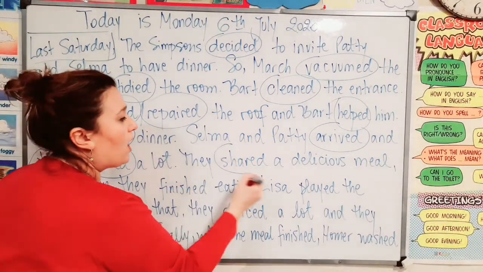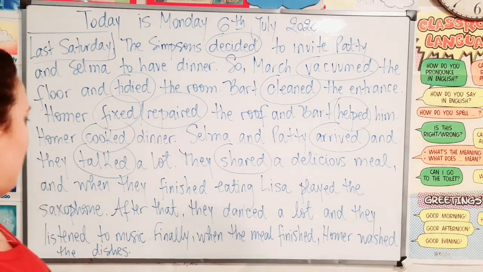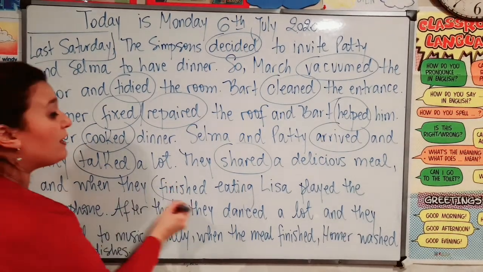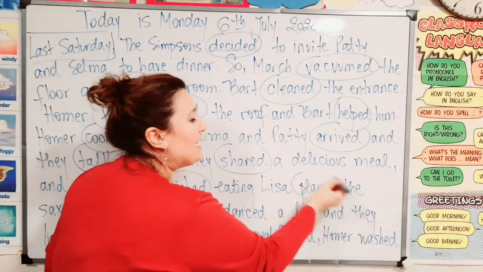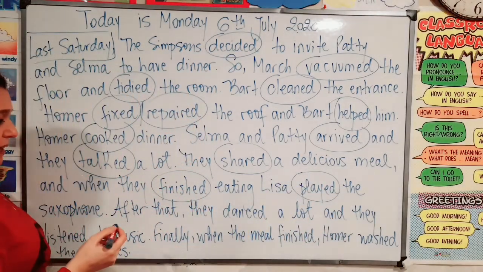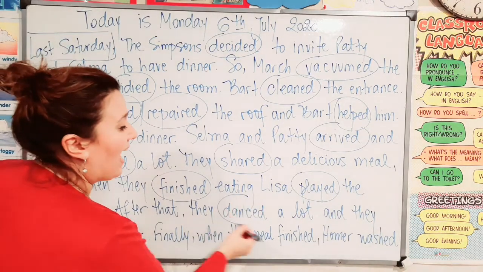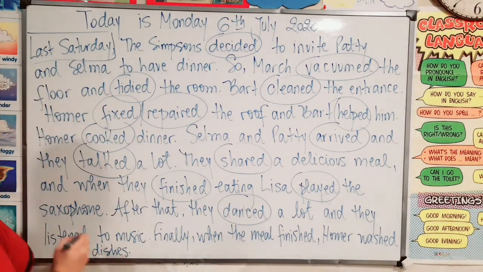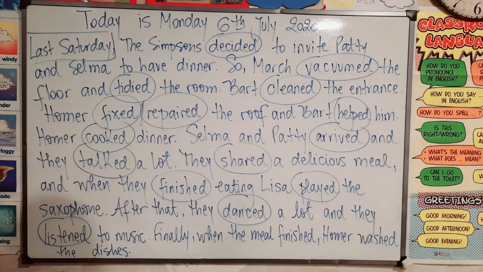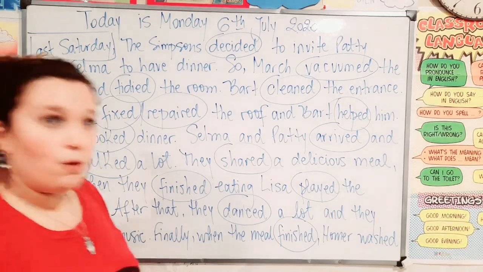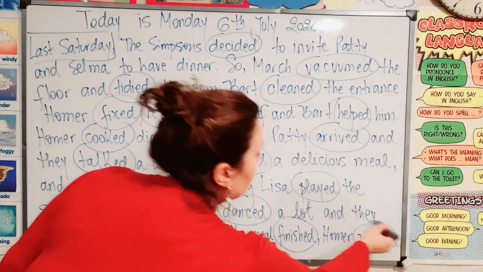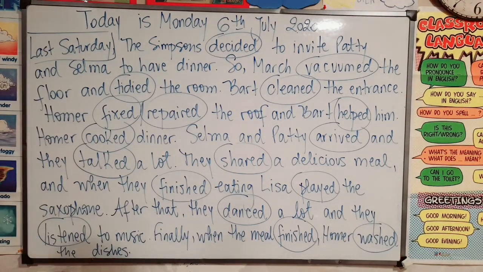They shared a delicious meal, and when they finished eating, Lisa played the saxophone. After that, they danced a lot and they listened to music. Finally, when the meal finished, Homer washed the dishes.